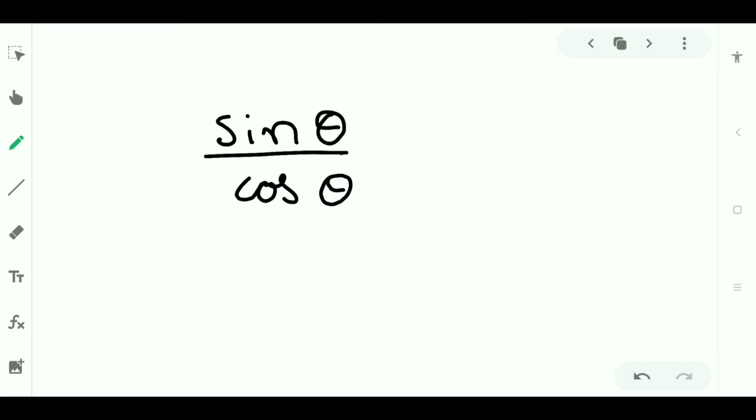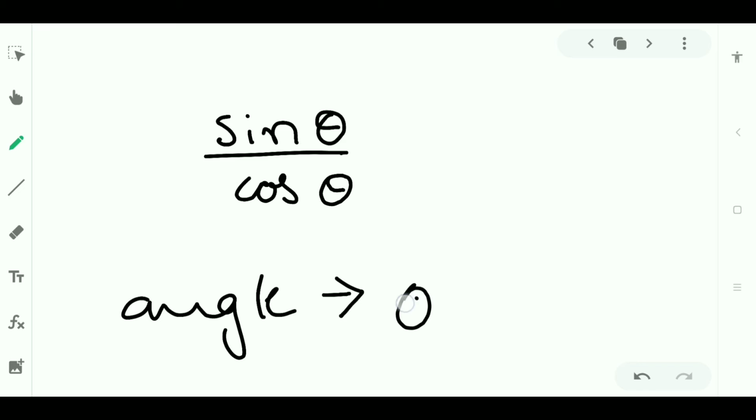Okay, sine by cos, let the angle be theta. Okay, you can represent an angle with so many Greek letters. So theta, phi, alpha, beta, gamma, these all are Greek letters.